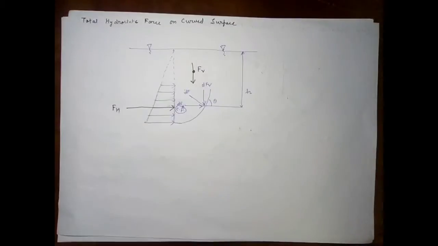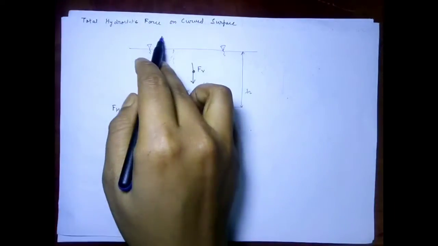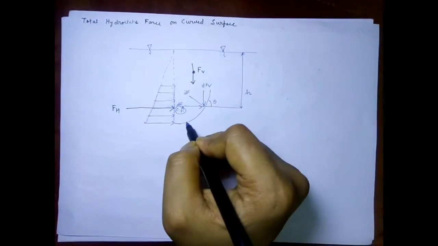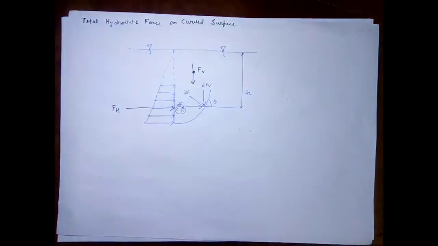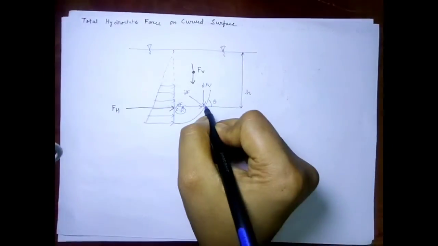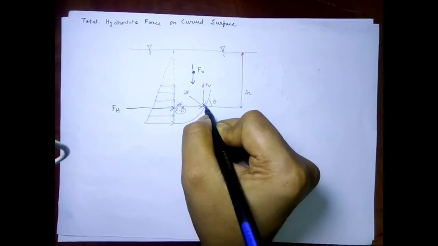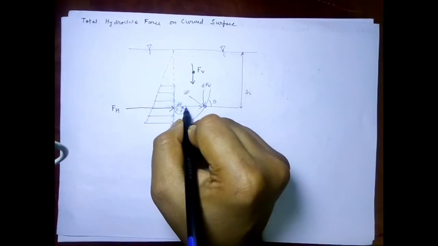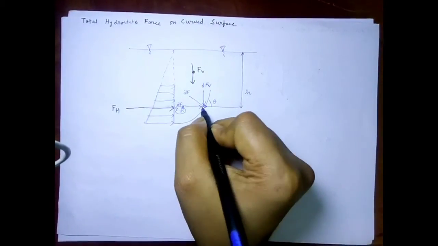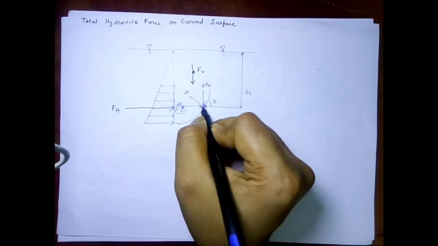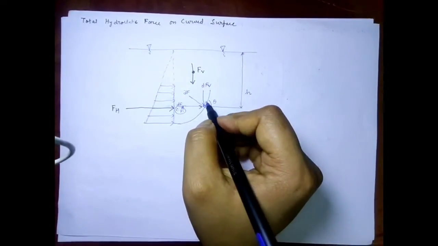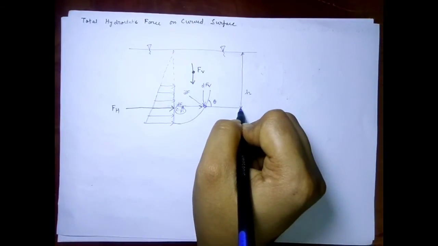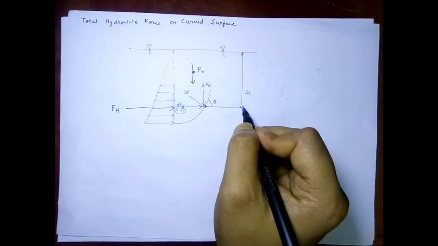Let us take up another case, that is total hydrostatic force on a curved surface. So basically we have a curved surface over here immersed in a liquid, and let us take a point where the vertical force will be dFv and the horizontal force will be dFh, and the resultant will be dF. Suppose this curved surface is at theta angle with the horizontal axis, and it is at a depth h.